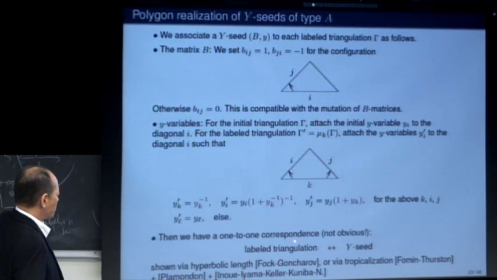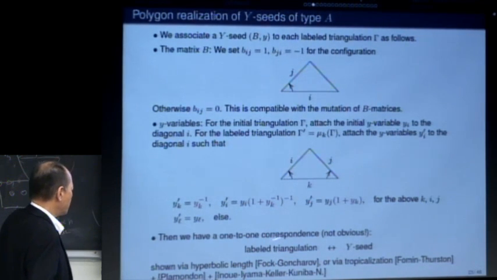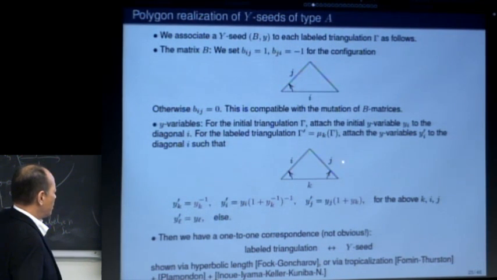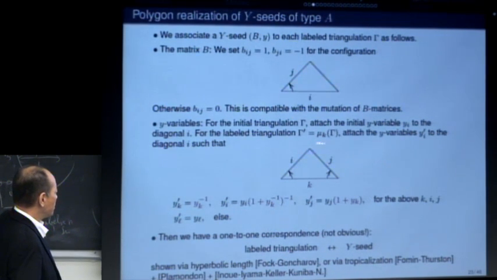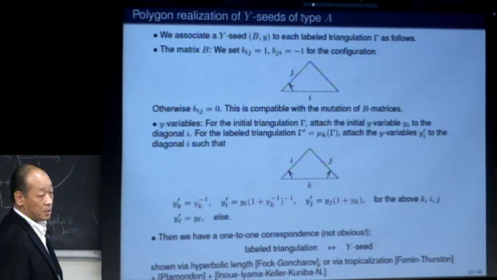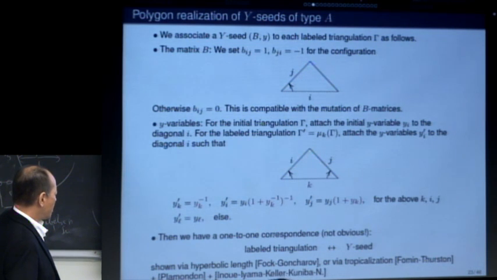We have a one-to-one correspondence, but one thing is not obvious. If you make a flip and get some triangulation, there might be other ways to get the same triangulation. If you define this Y seed in this recursive way, it is not guaranteed that those two give the same answer. But it is true. There are at least two arguments.